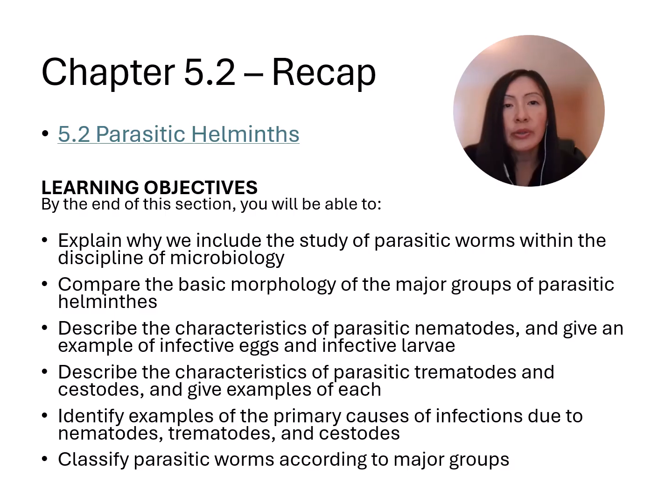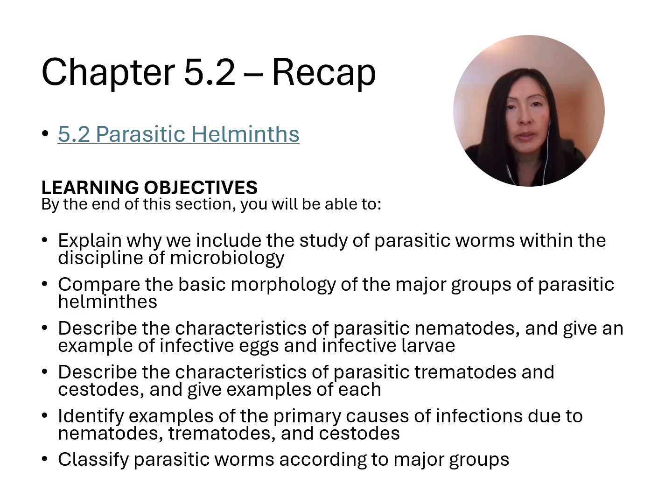For cestodes, we talked about how they're segmented. They have a scolex with hooks and suckers. Proglottids have reproductive organs, and they require an intermediate host. For example, Taenia saginata, Taenia solium, and Diphyllobothrium. So we have the beef, the pork, and the fish tapeworm, respectively.